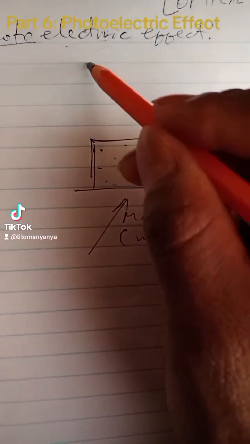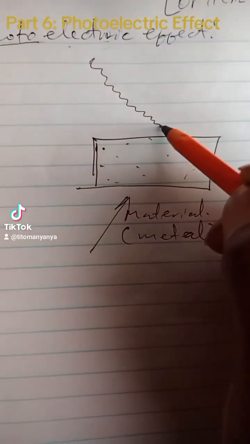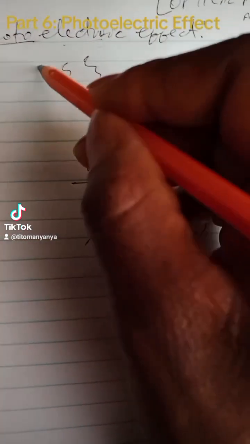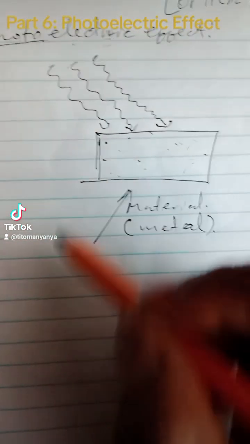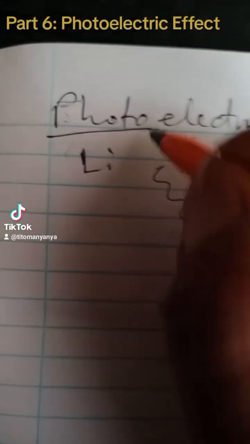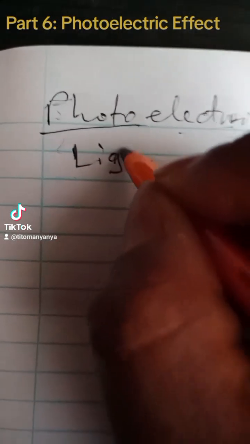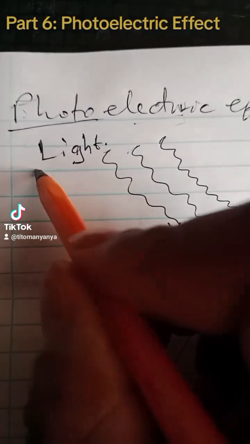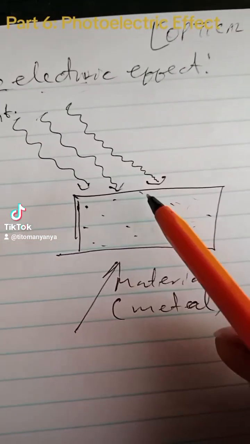Let's say now there are these light rays, or let me say these lines represent the light, and you know light is moving like waves.